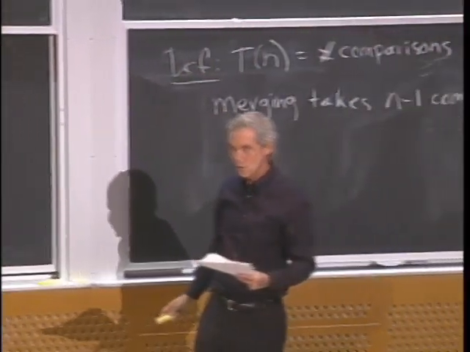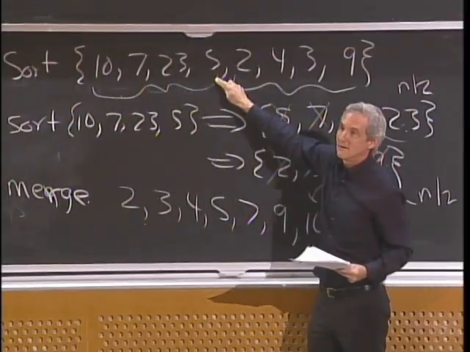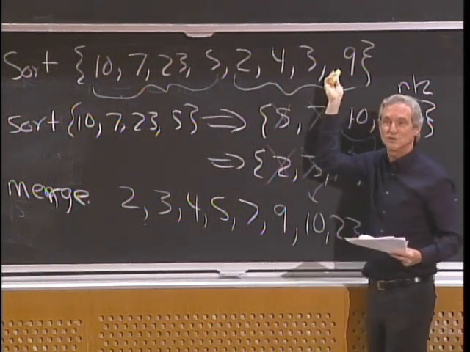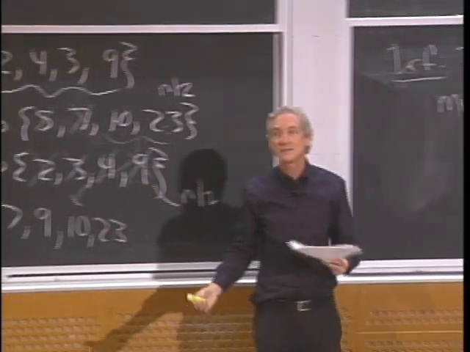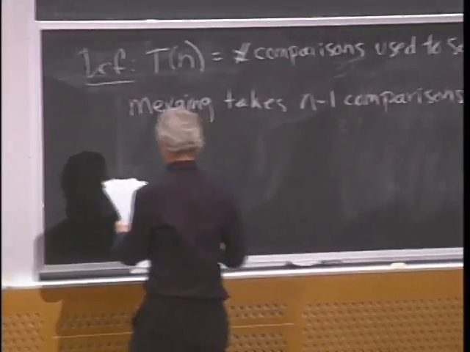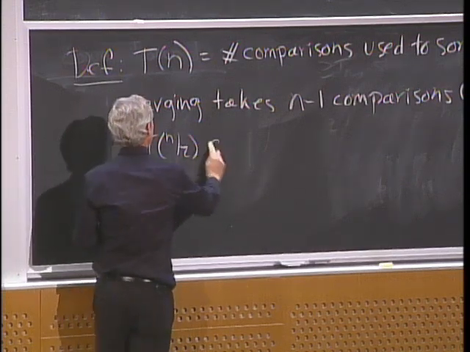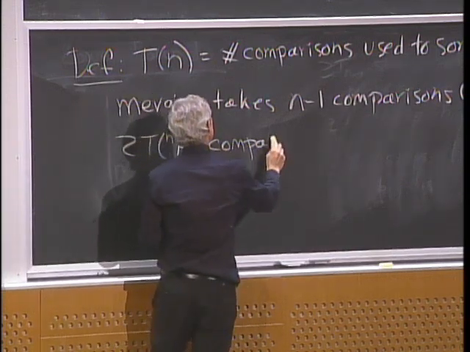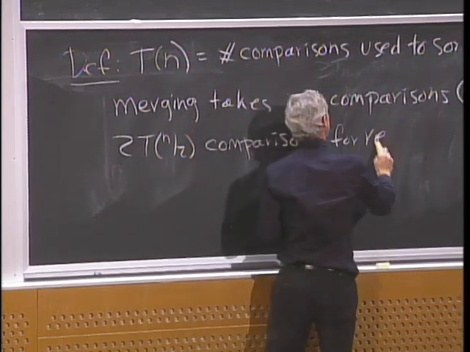T of n over 2 to do this list, times 2, because you've got 2 lists of size n over 2, 2 subproblems of size n over 2. Each takes t of n over 2. So you've got 2 T of n over 2 comparisons for the recursive sorting.